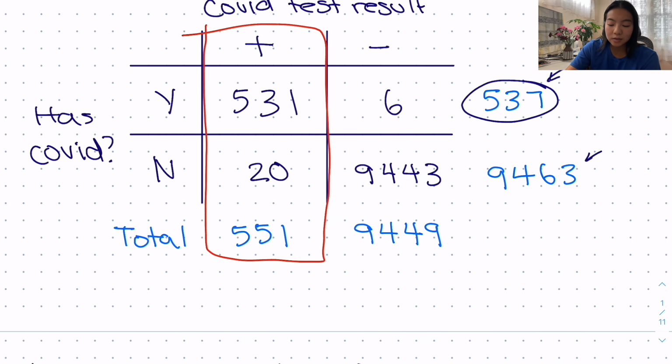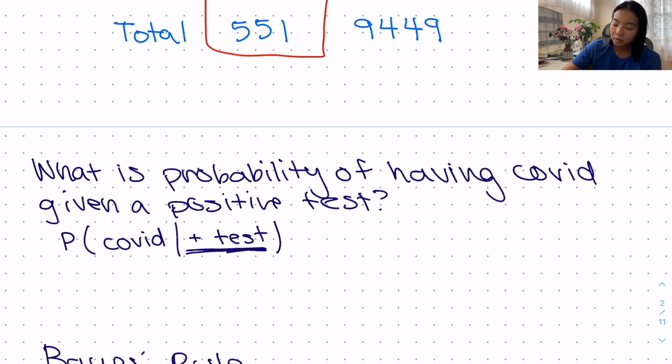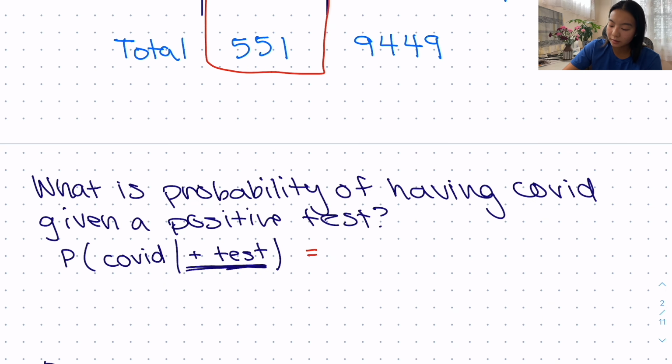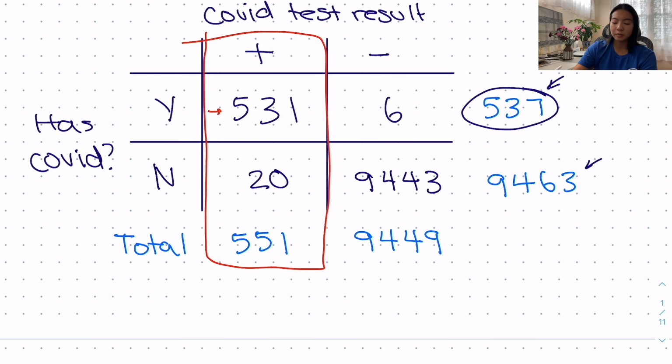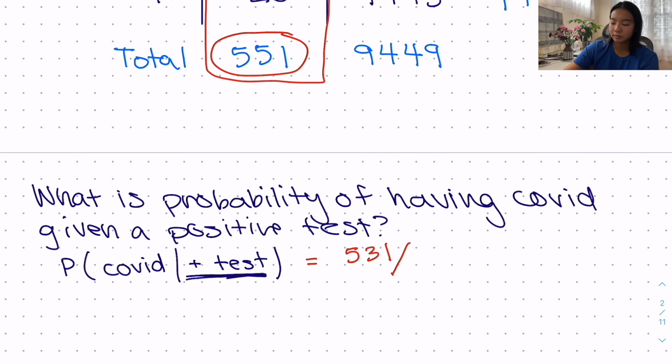Well, if we're just using this data, the number of people that have COVID is 531. So there's 531 people that have COVID. And then we divide that by the total number of people that have a positive test, which is 551. Okay, so that's the probability.